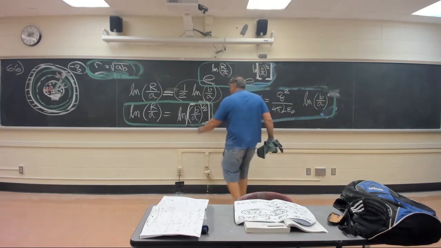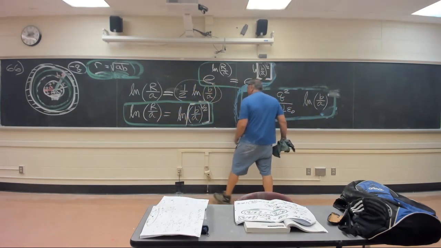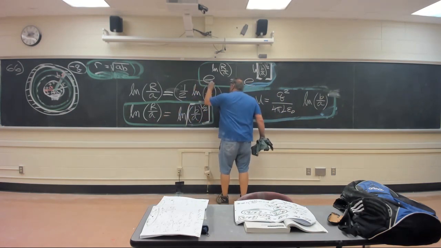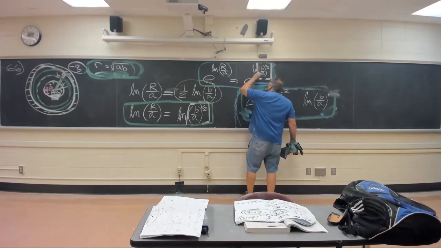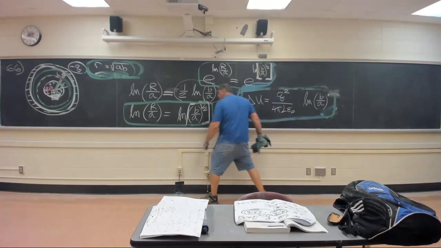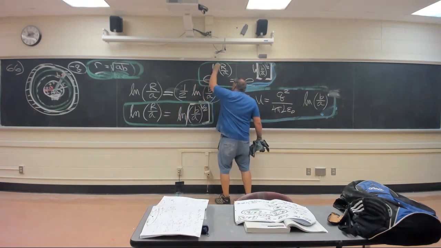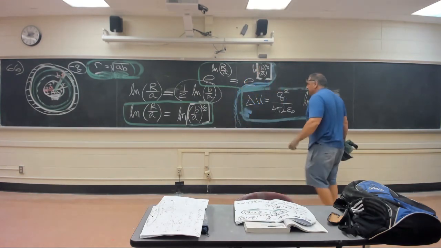Okay. These two are equal to one another. I'll do the same thing on each side. If these two are equal to one another, that means E to one of them is equal to E to the other one. If A equals B, then E to the A equals E to the B. It's reasonable.